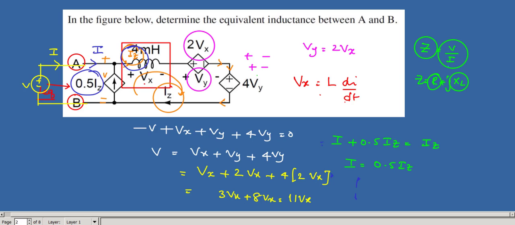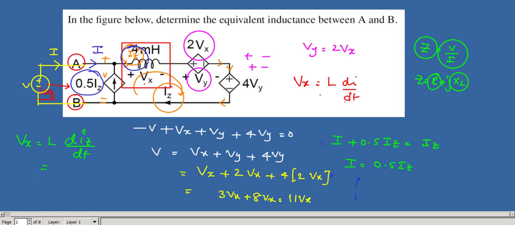Okay, so Vx equals L into di by dt. What is the current here? It is Iz, so Vx equals L into diz by dt.